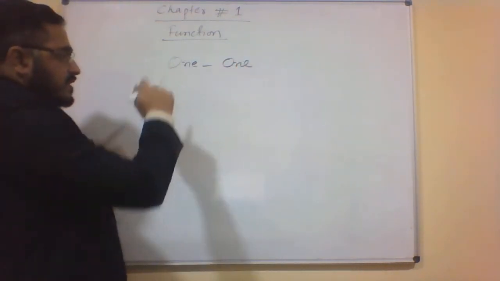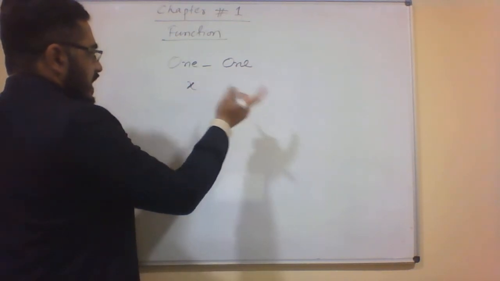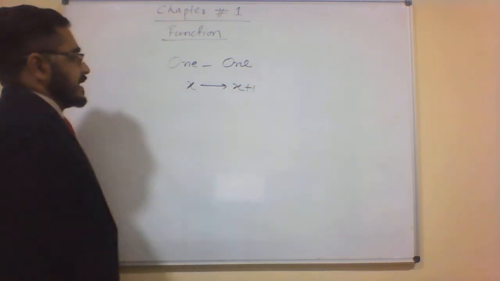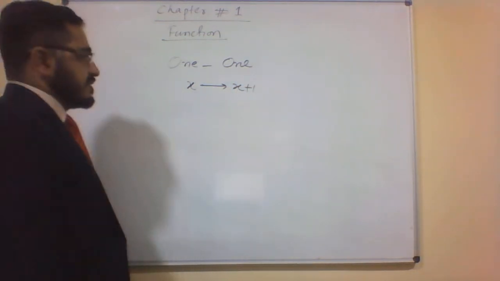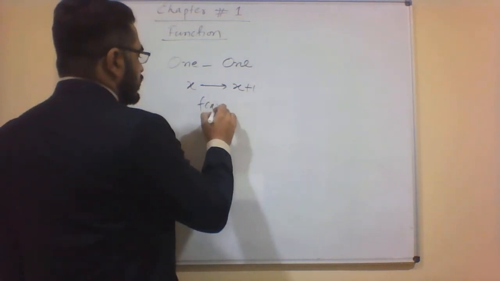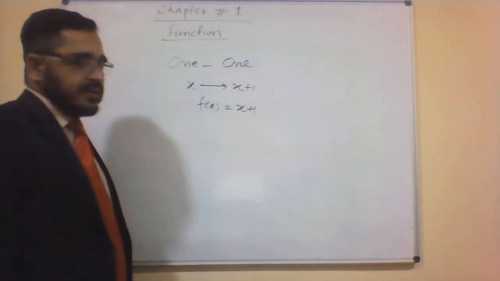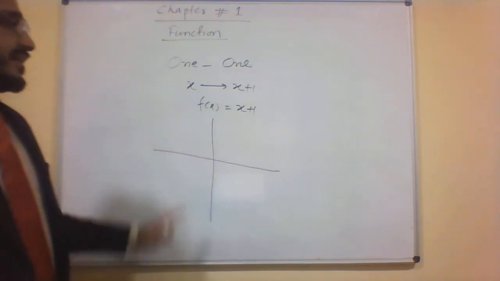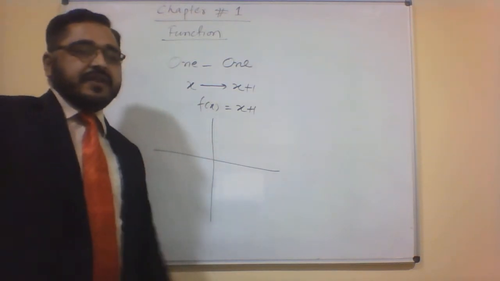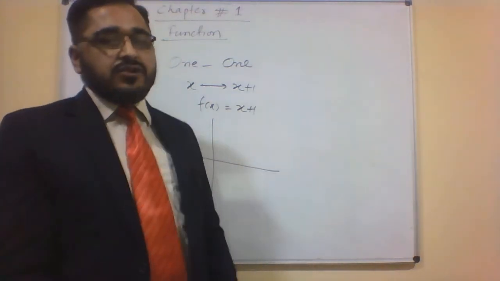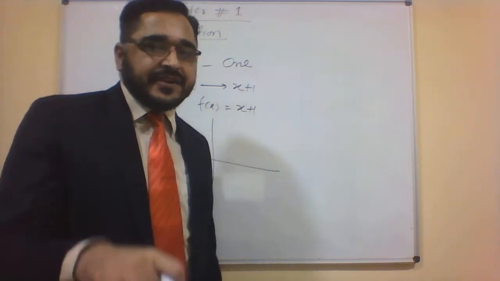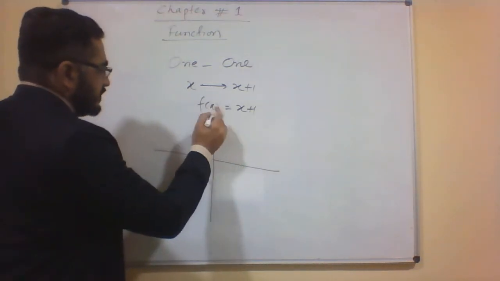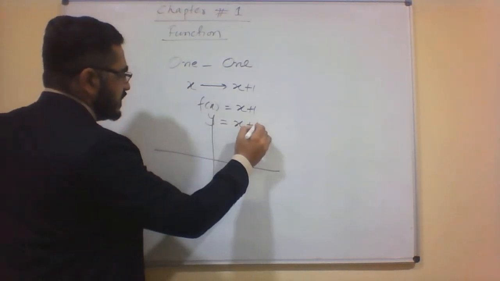The function I have written before is the example of one-one mapping, x to x plus 1. It means the function was f of x is equal to x plus 1. That was of one-one mapping. One-one means when we are taking different values of x, we will get different values of y as well. We are taking different domain values, we will get different range values. Here you can write f of x or y, y is equal to x plus 1.